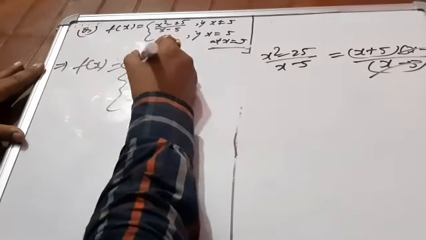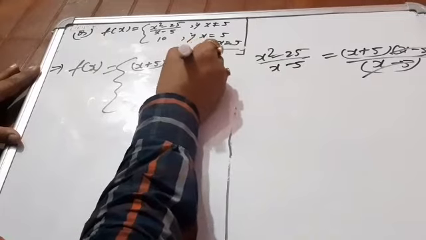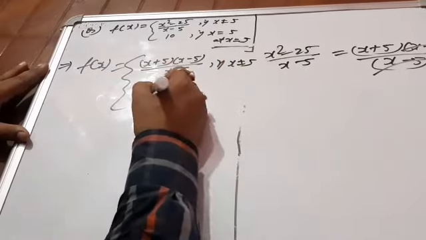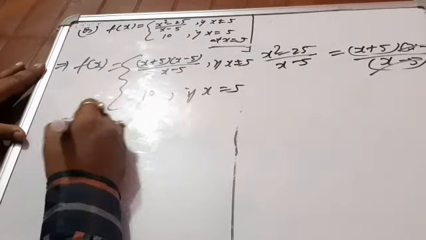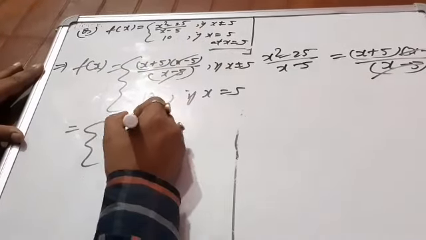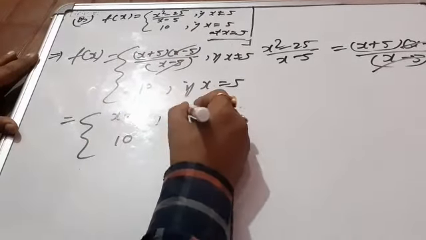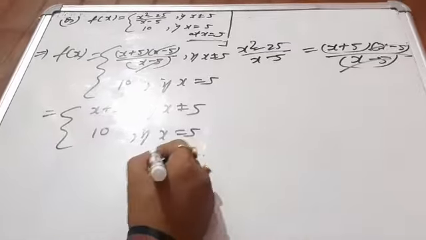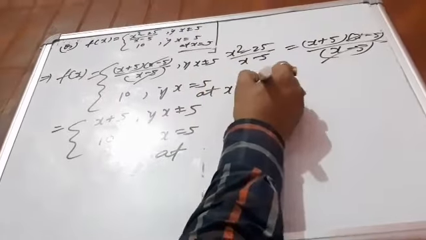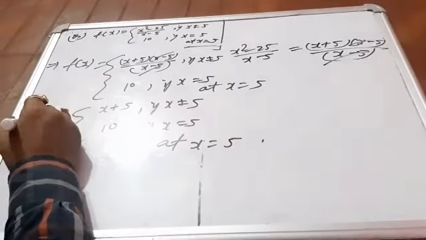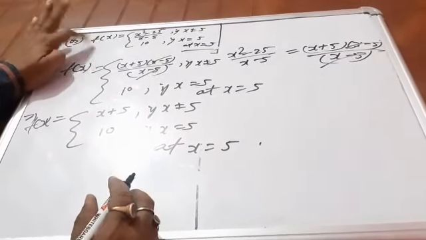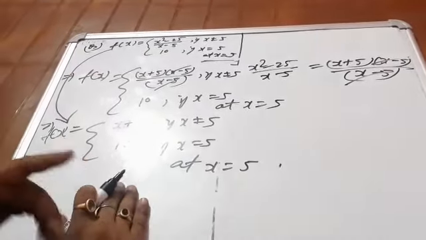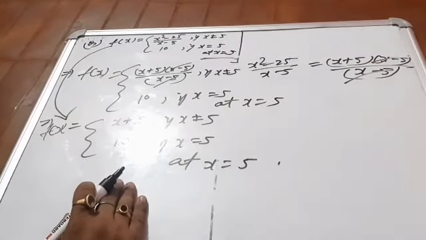So f(x) is equal to (x plus 5)(x minus 5) by (x minus 5), if x not equal to 5, it is 10, and if x equal to 5, it is the second value. So instead of finding the continuity of this function, it is very easily reduced to the general form. Now you know very well how to find it by yourself.